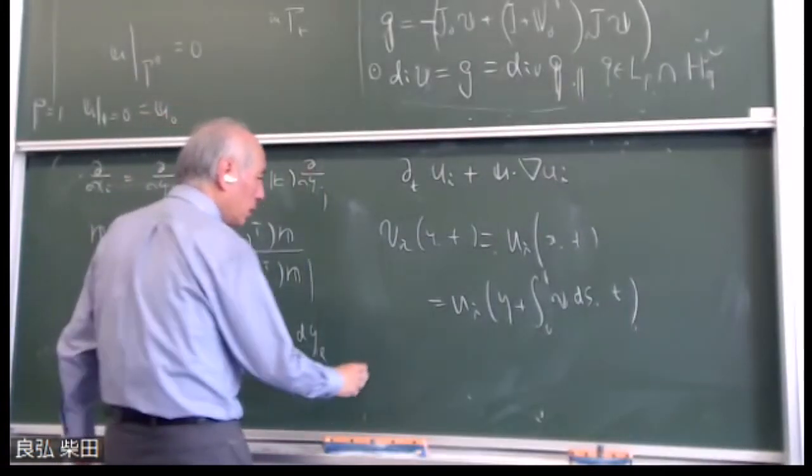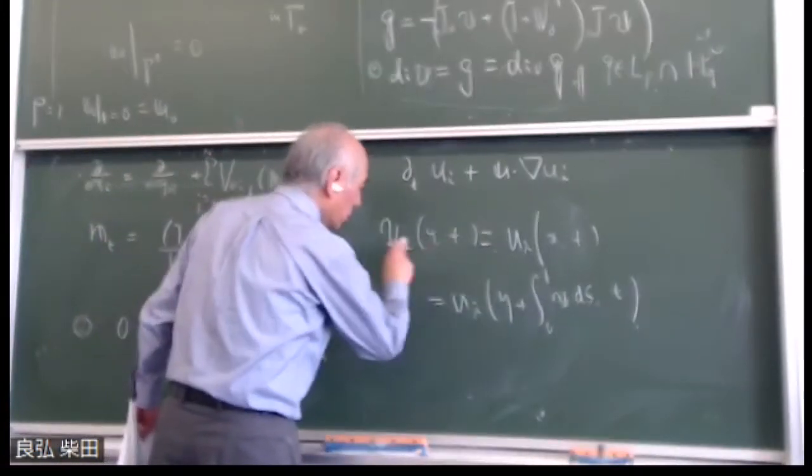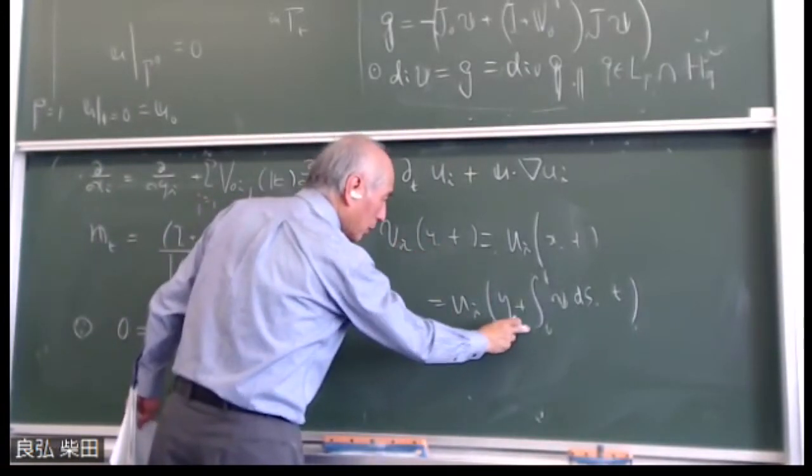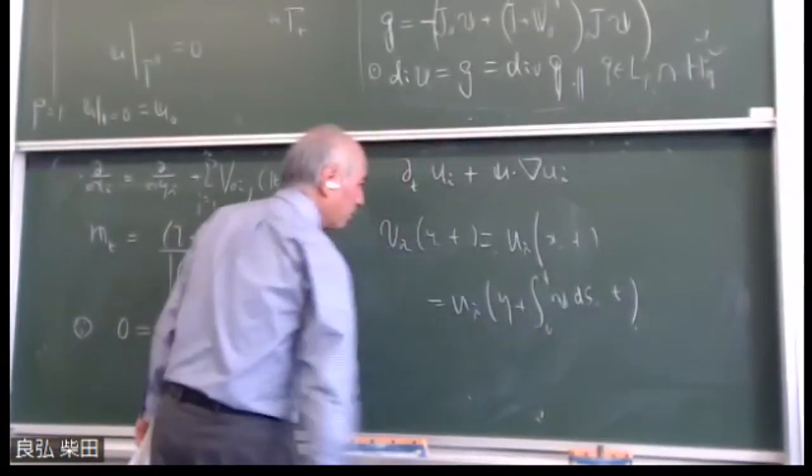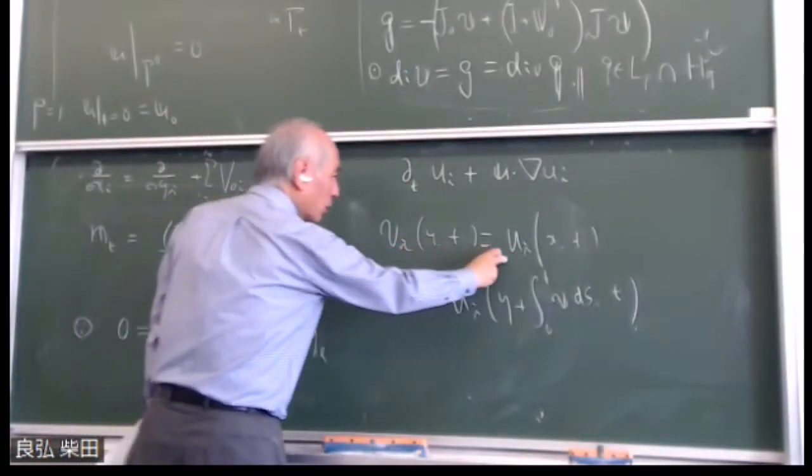Now for this relation, vi at y, t is equal to ui at y, this one, right? Because x is given by this. The vi at y, t is equal to ui at x, t.